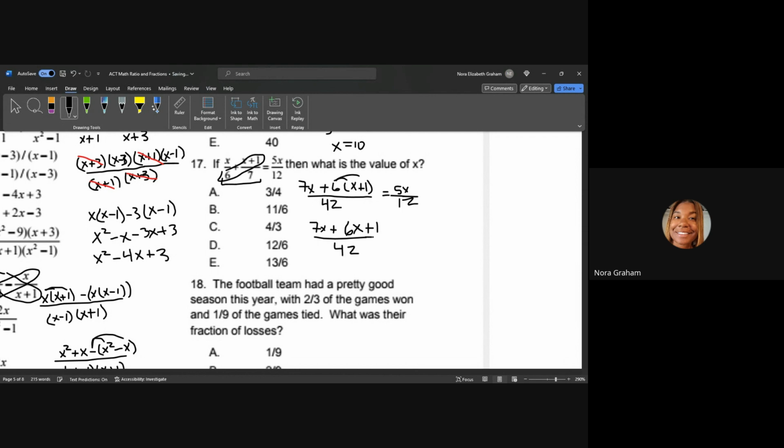But I could simplify that down more. 5x over 12. Let me just make sure I'm showing every step. Just to save room, I notice I can combine my 7x and my 6x. So 7 plus 6, that's going to give me 13x plus 1.